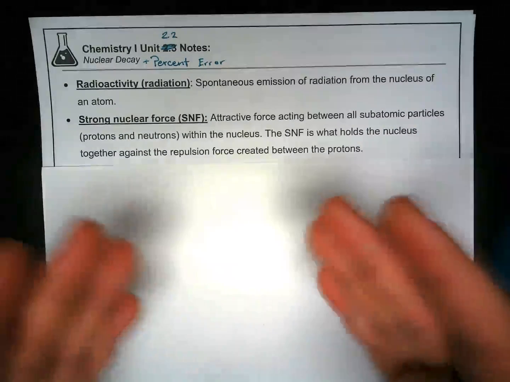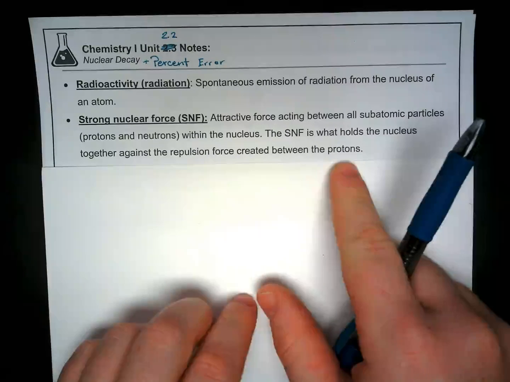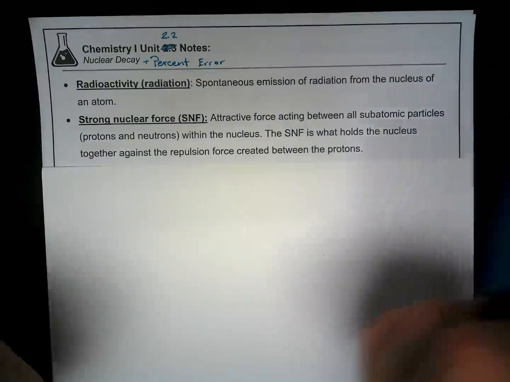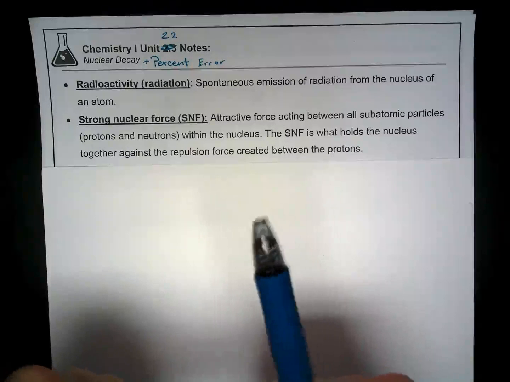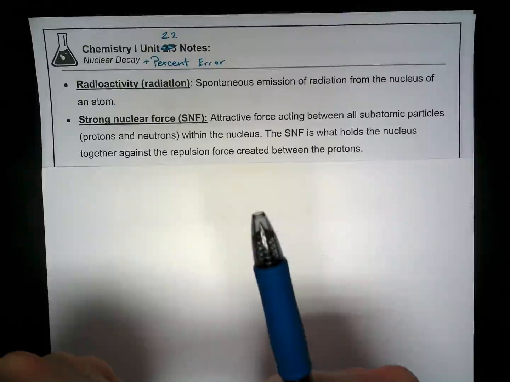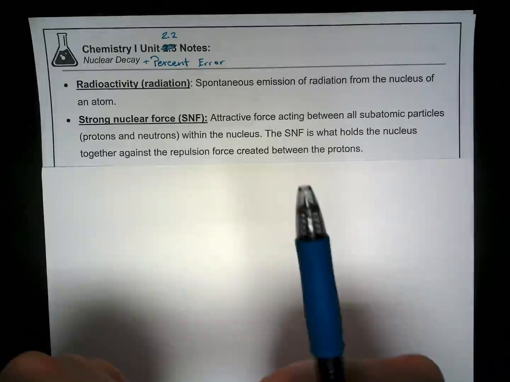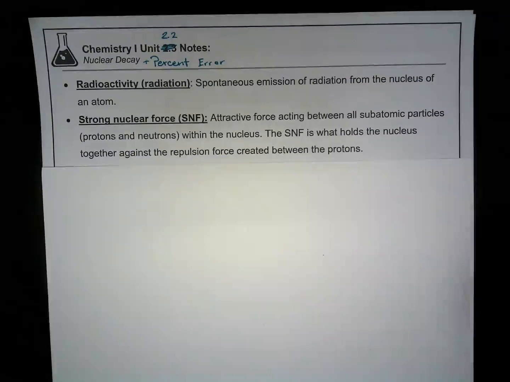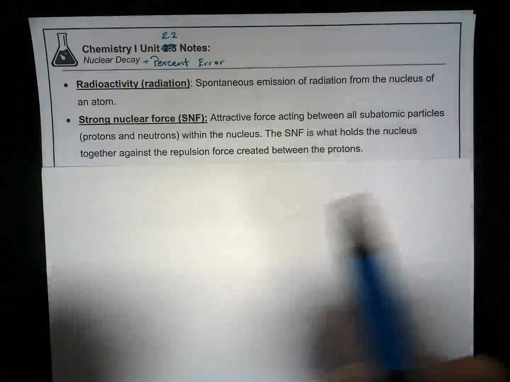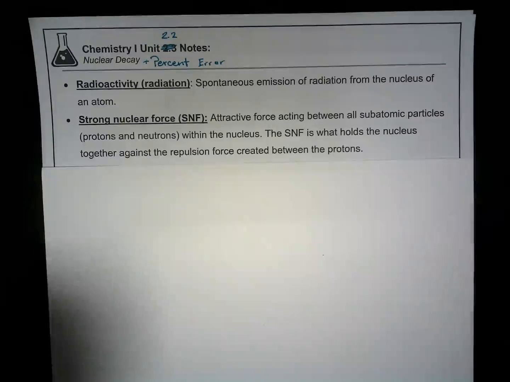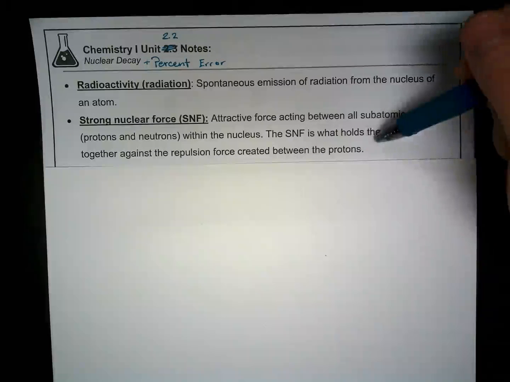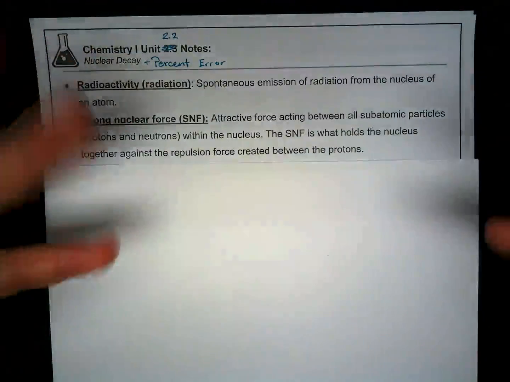That's why we're specifically talking about protons: that positive charge, and protons want to push away from one another. They want to find the opposite. They're trying to attract towards something negative, say an electron. Well, the strong nuclear force is what keeps that all together, so that they don't just spring out of the atom.